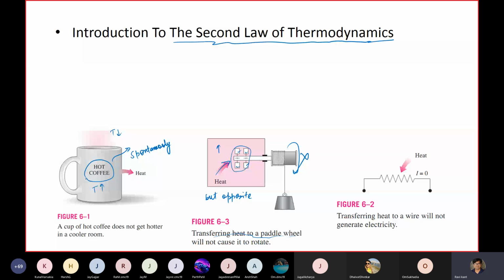Similarly, an electrical wire dissipates heat when electrical energy flows through it, but it doesn't happen that if you heat an electrical wire, electricity is generated. It doesn't happen spontaneously. These things don't happen because the second law of thermodynamics comes into the picture.